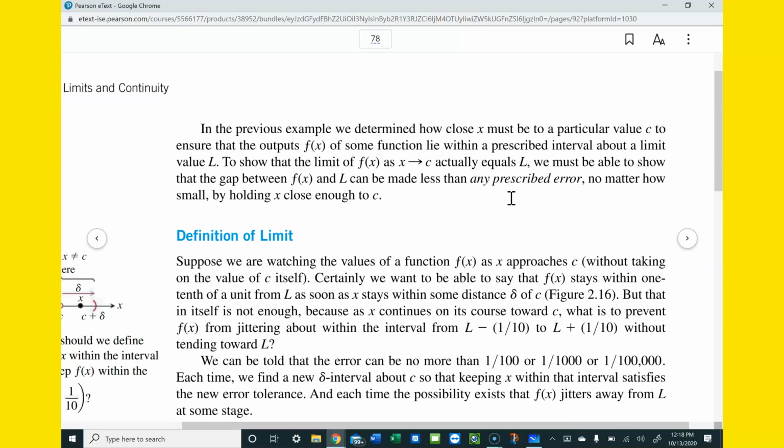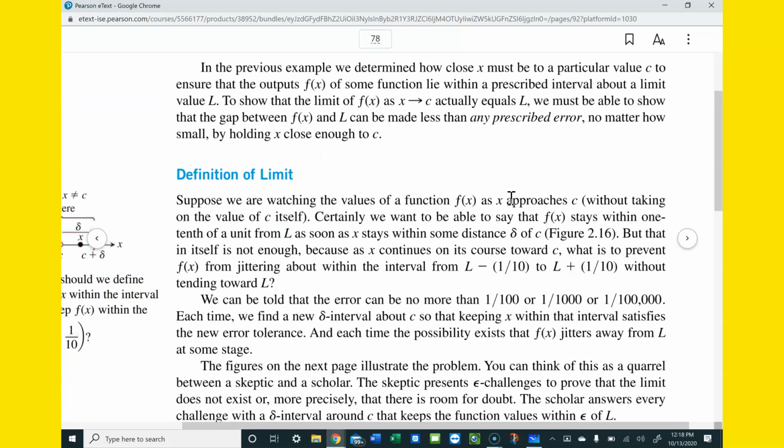So whatever we say, as far as I can imagine x getting this close to c, which would make y get this close to L, you can always still find a value that's even closer to c for x. That would make y get even still closer to L. And that's how we're getting toward the understanding of a limit.